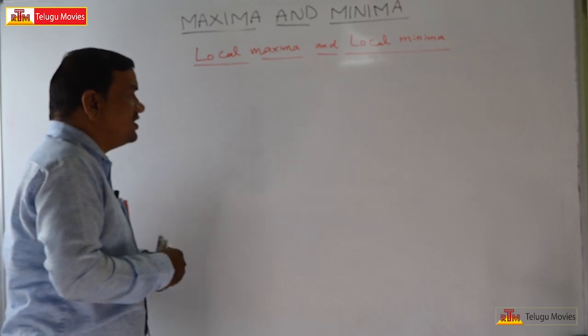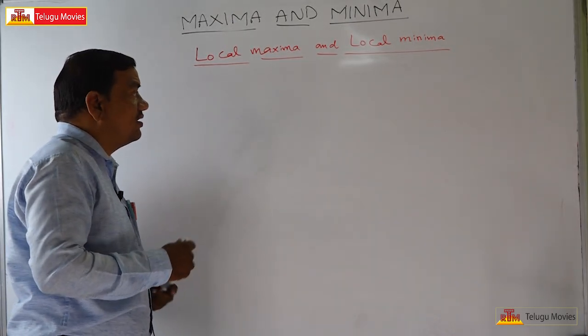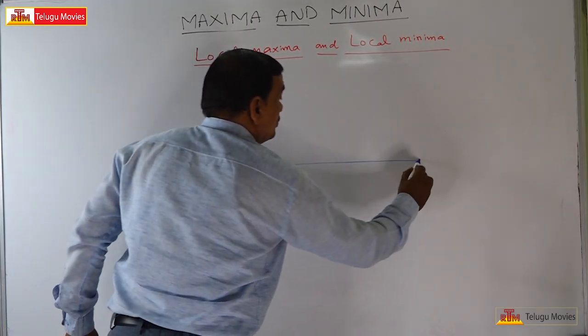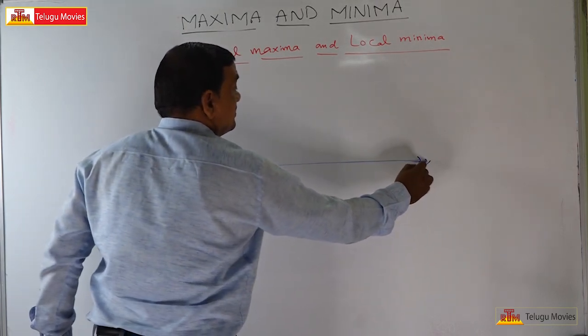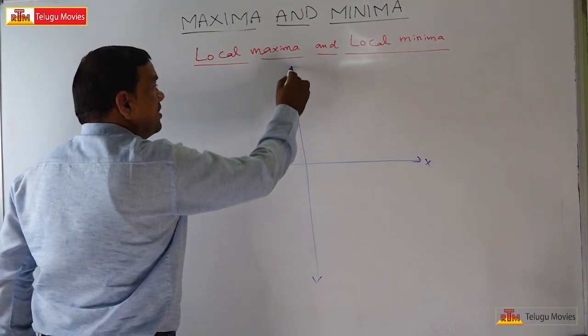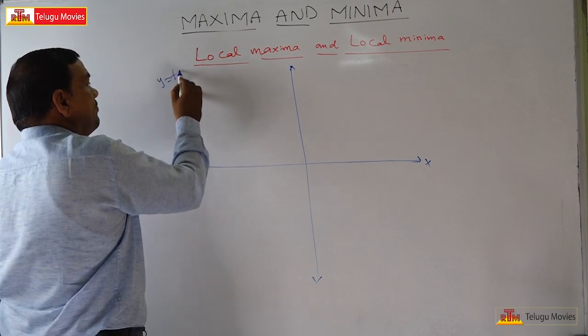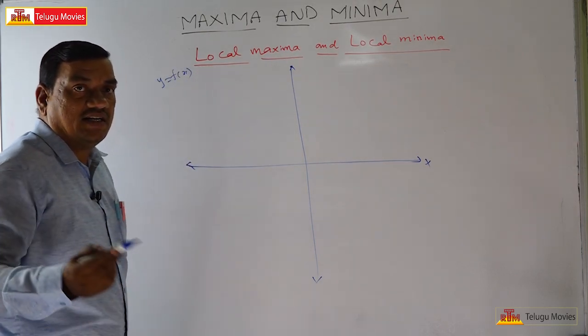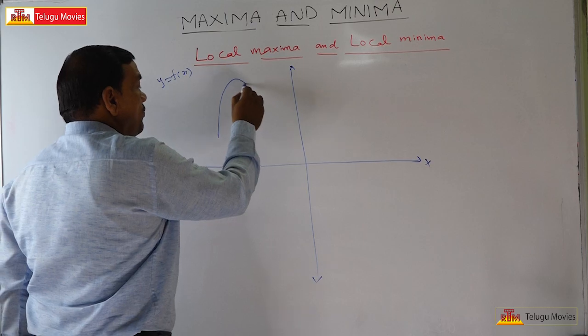Okay now. So let us take a two-dimensional system, this is the x-axis and this is the y-axis. There is a function y is equal to f of x. Let us say that its curve is like this.